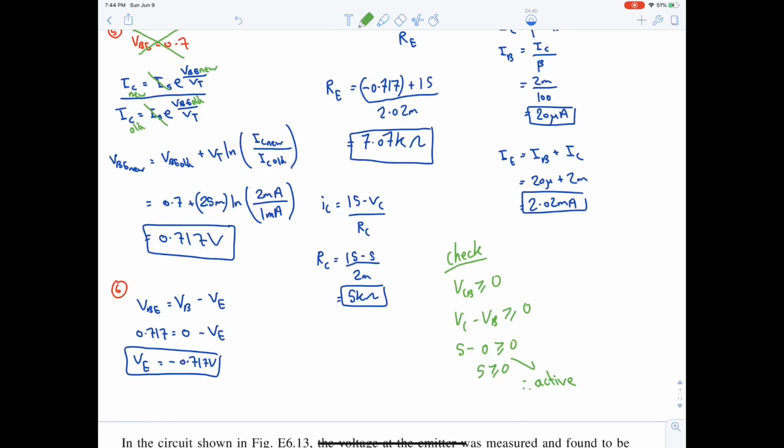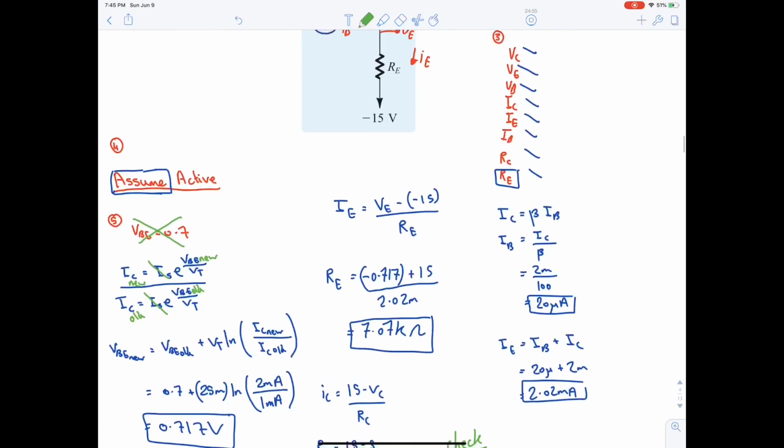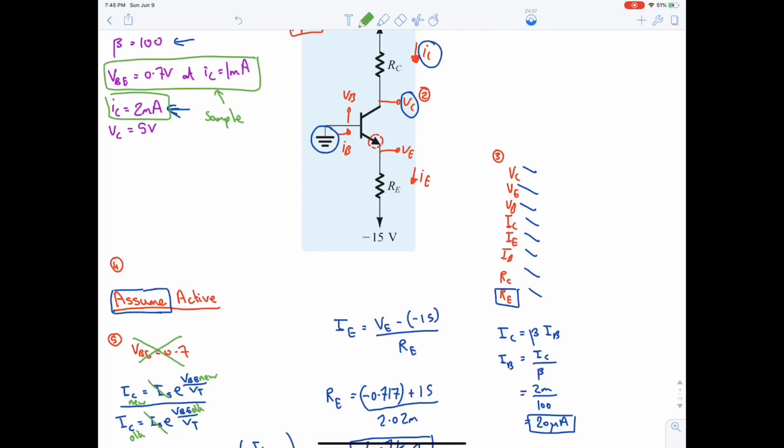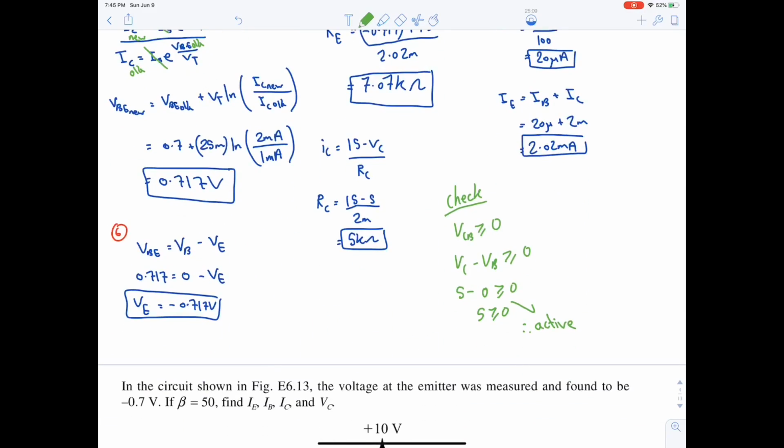Now, we know that in active, one junction is forward and the other junction is reverse. Which junction is forward? The junction that is forward is the one with the arrow. So BEJ is forward.